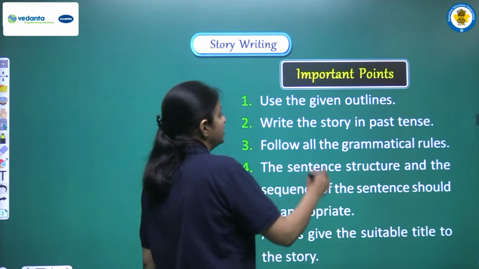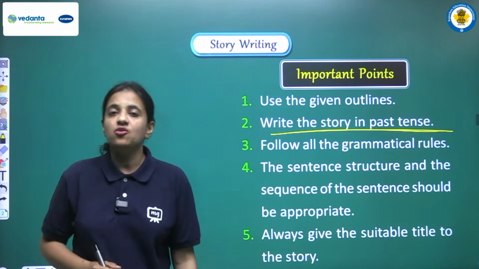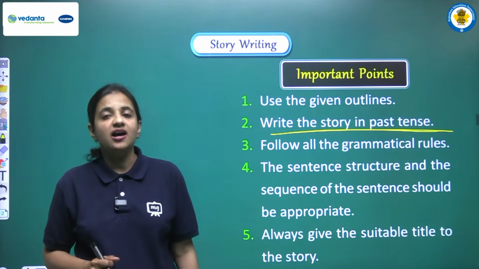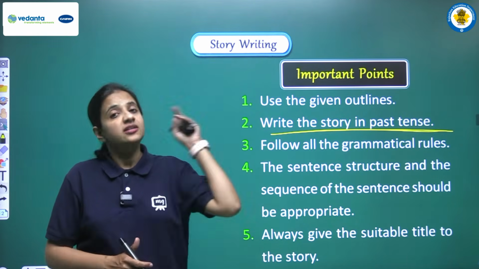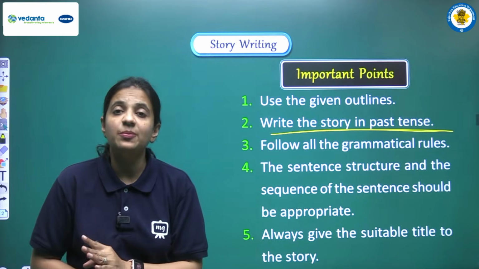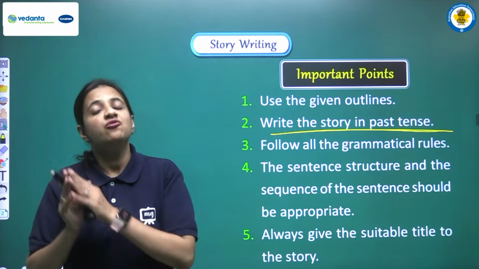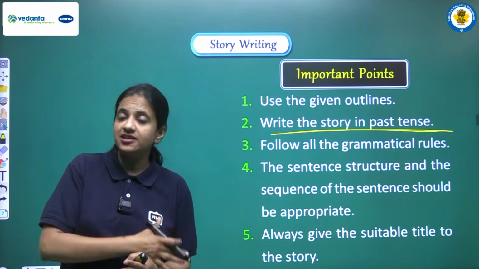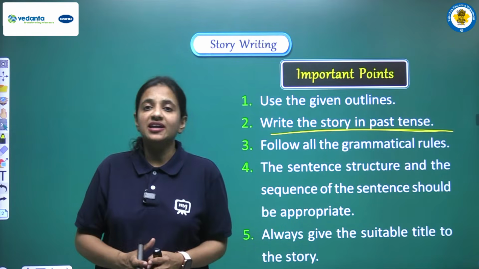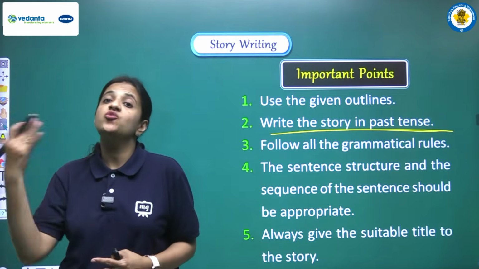Second is write the story in past tense. It's a very important point that when we are writing the story, we have to use past tense only. The outlines generally will be in present tense, but we cannot write the story in present tense. We have to convert that sentence into past tense. Why? Because in a story, हम क्या कहते हैं that once upon a time there was one lion, there was one king, right?